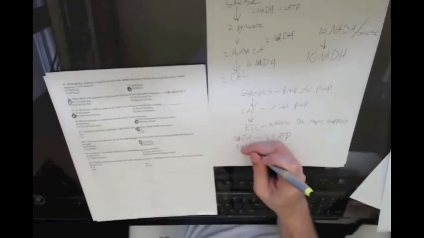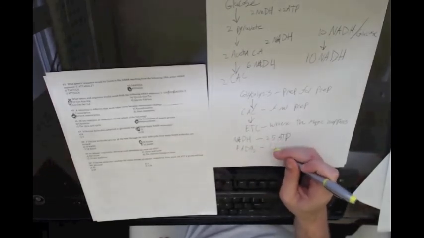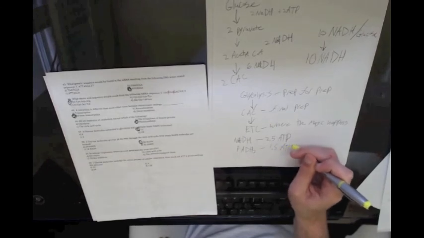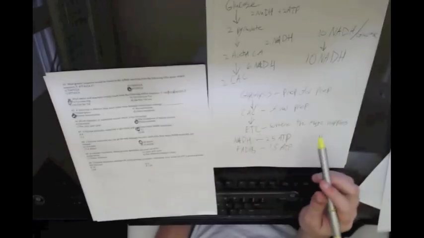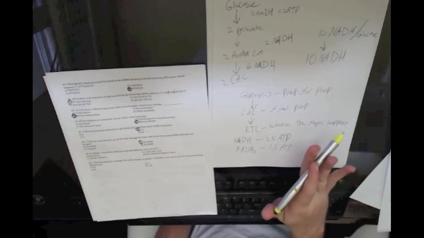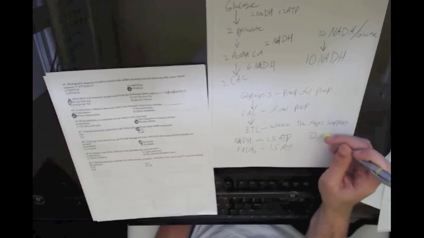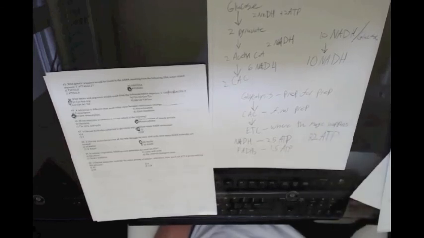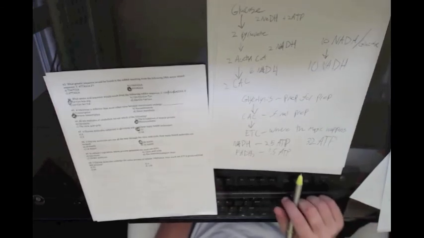And for every FADH2 you have, it produces 1.5 ATP. Okay. Total each run from glycolysis all the way through electron transport chain, normally, makes about 32 ATP. About. Like I said, it's not totally efficient. Some people produce less, but pretty much 32 ATP.